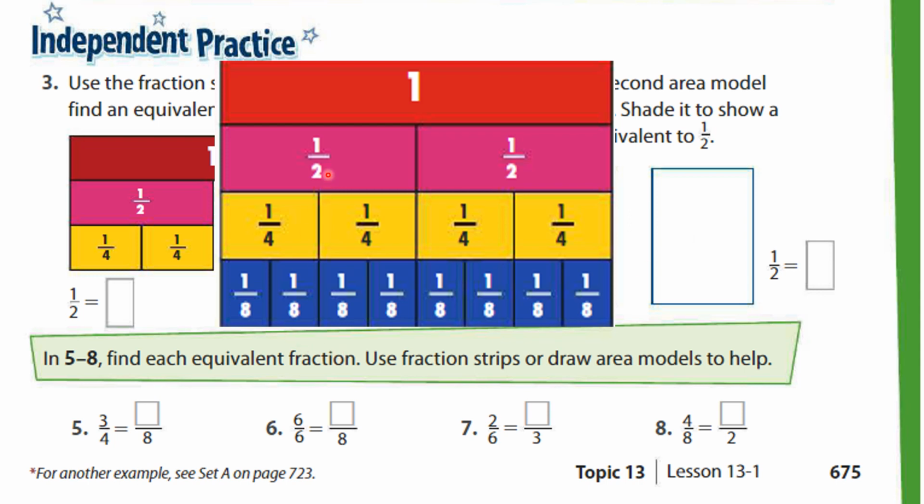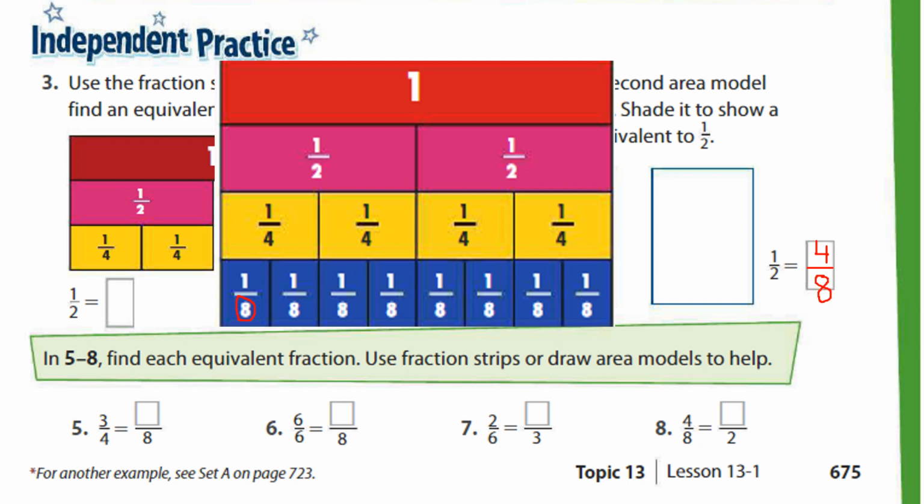Very good. So 1/2 is equal to how many 1/8? 1, 2, 3, 4. Very good. So your numerator will be 4. And the denominator, because we have divided the picture into 8 parts, the denominator will be excellent 8.